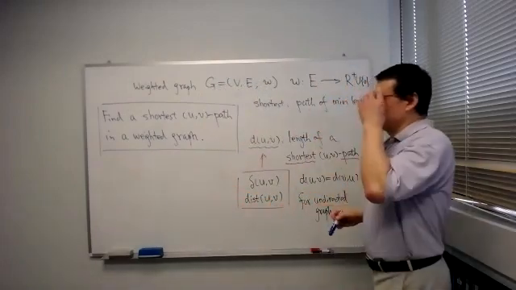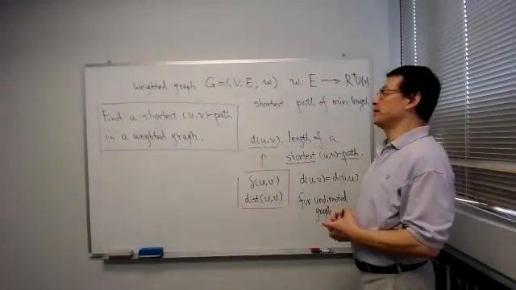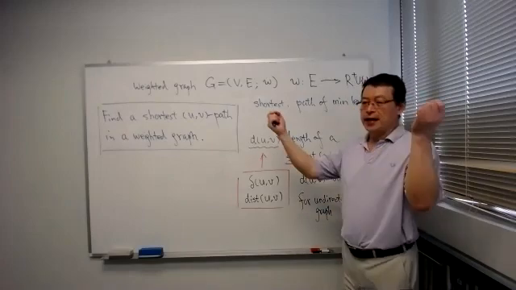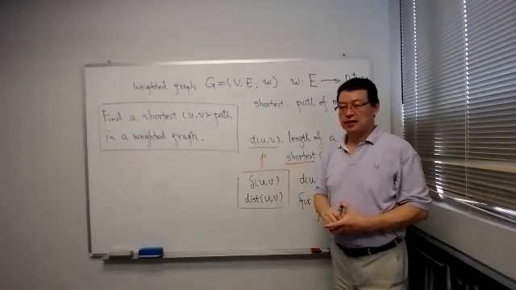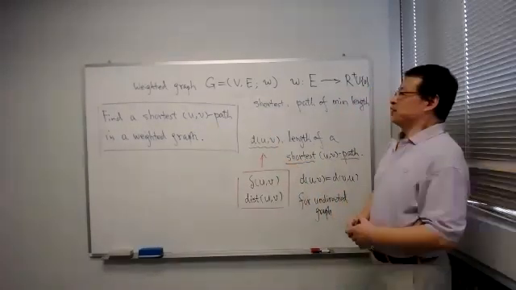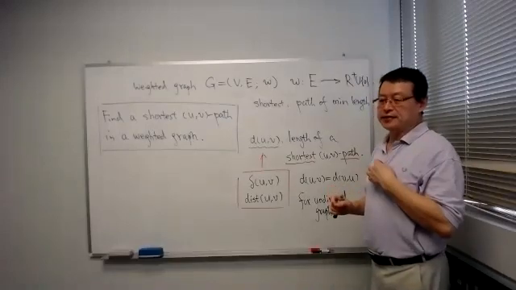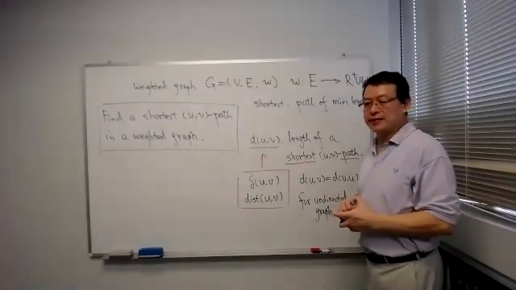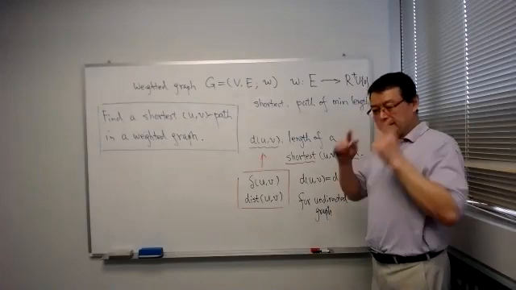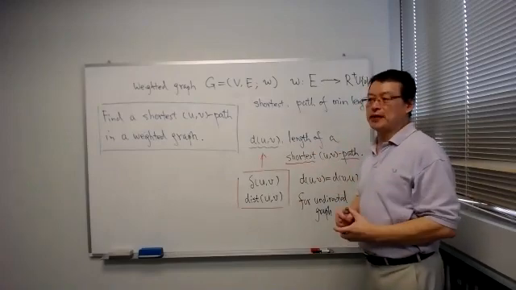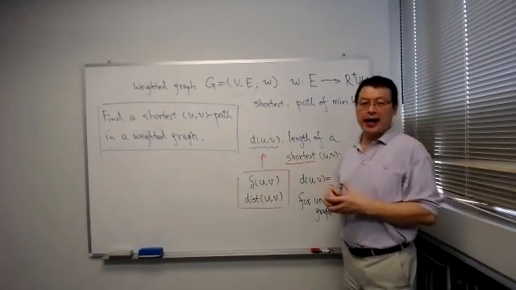So the fundamental problem is how we can find the shortest path in a weighted graph. This problem is easy in the sense it can be solved in polynomial time. It's much easier than many graph problems, which are so-called NP-hard problems.